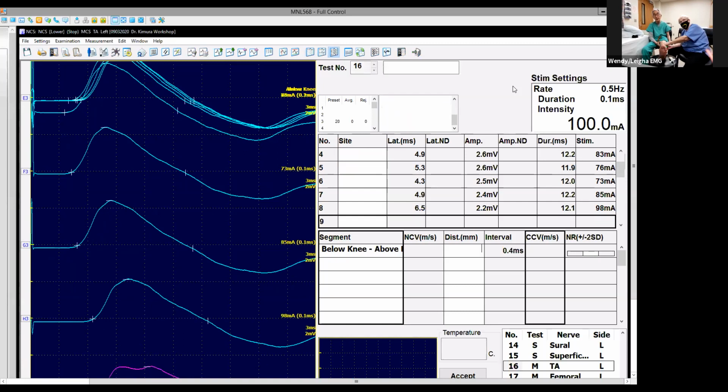As Wendy and Sheila are saying, when you have a double hump there, the stimulating electrode is very close to the tibial nerve, so you have to correct it. It's a major tibial. Okay, go back down a little.